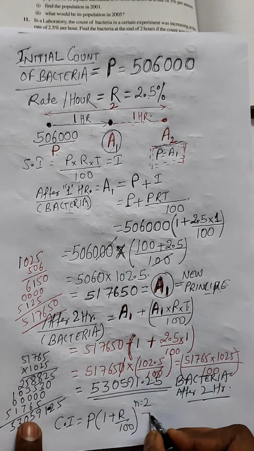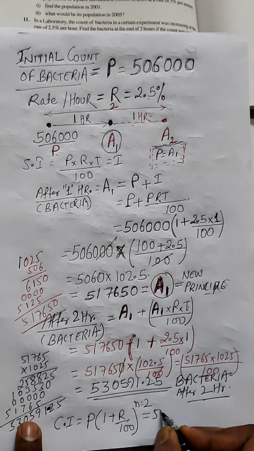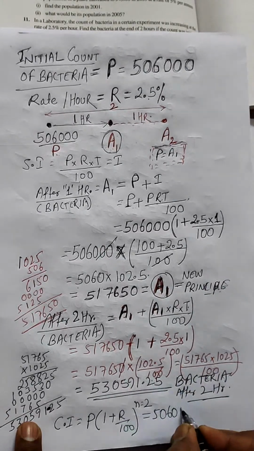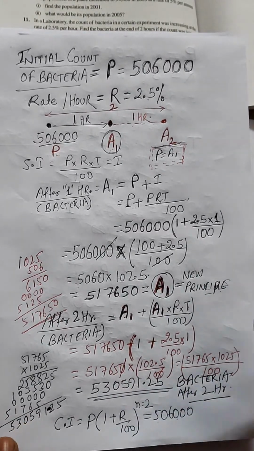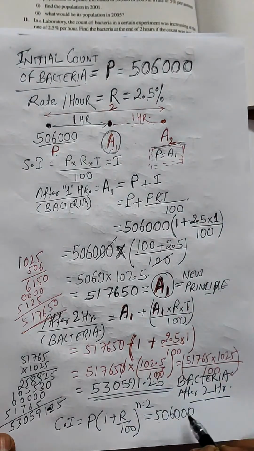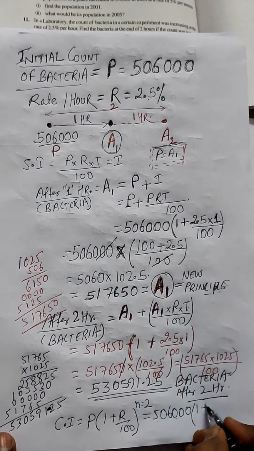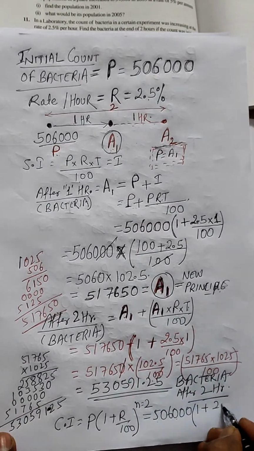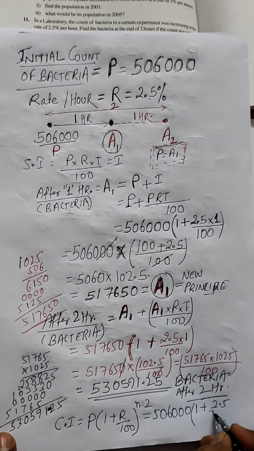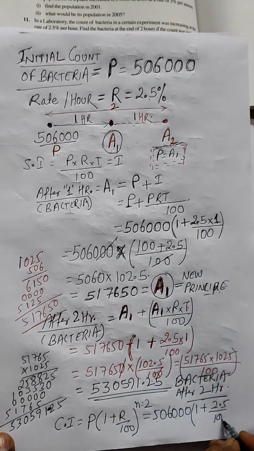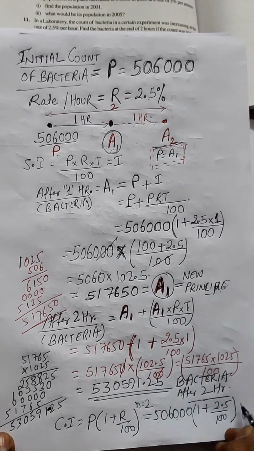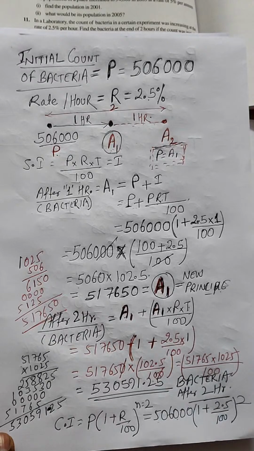And when you put in the values, it will be 506000, that is the initial count of the bacteria, this principal, into (1 plus rate, which is 2.5 by 100) power 2, right?